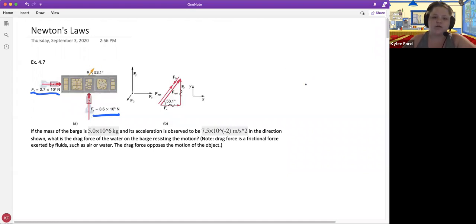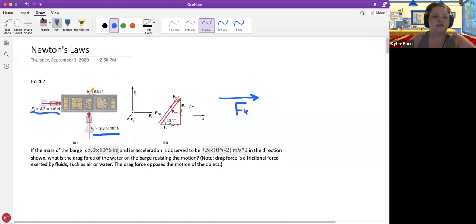Okay, so we know that we have some force in an X direction, F sub X. Actually, let me make this a little smaller. Erase that. All right, so we have some F sub X, force in the X direction, and we have some force in our Y direction.